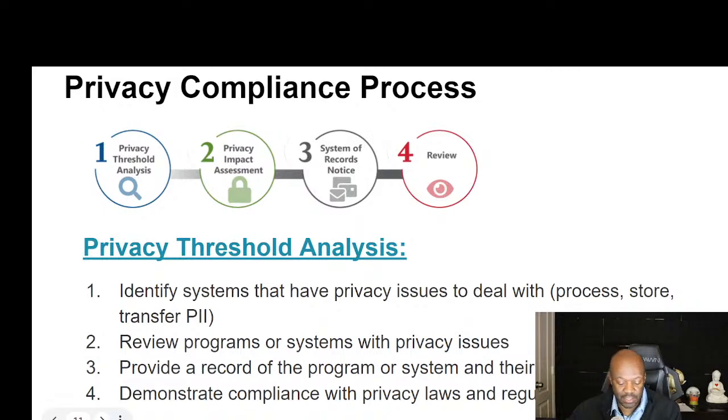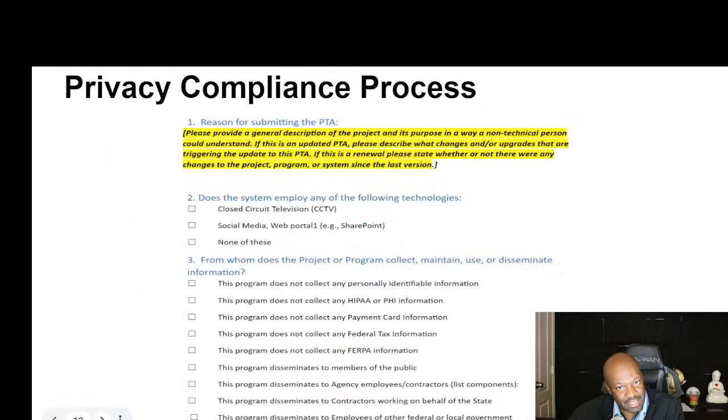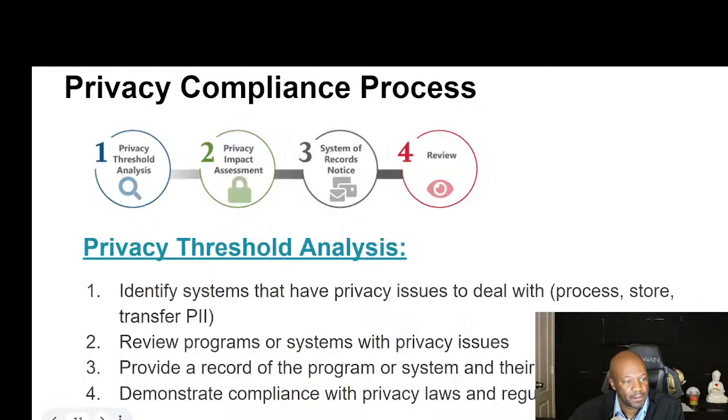Privacy threshold analysis only happens on systems with PII. So you need to do a privacy threshold analysis to determine which systems have personally identifiable information on them, and then what kind of personally identifiable information they have on them to determine if you need to actually do a privacy impact assessment.